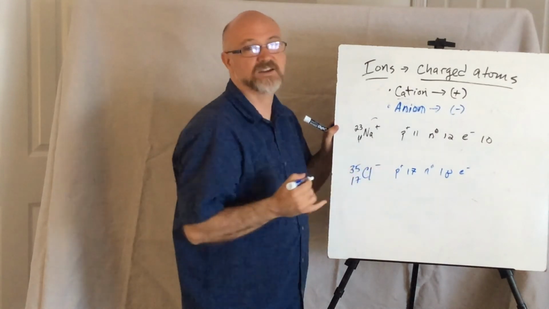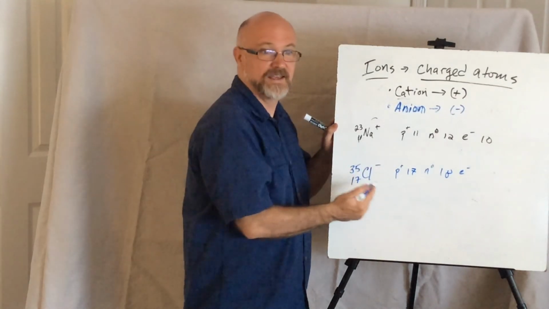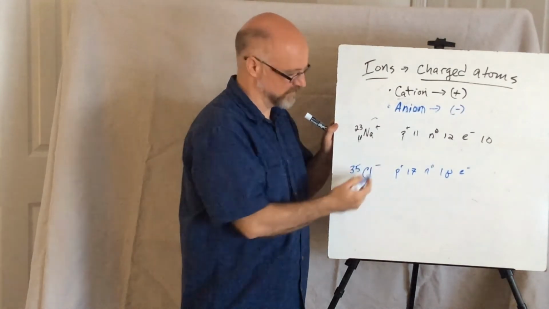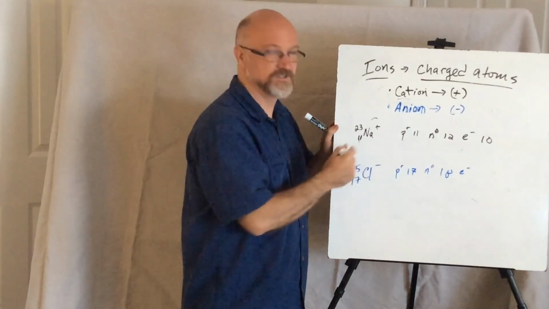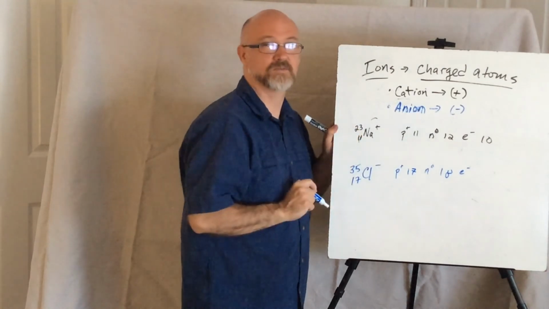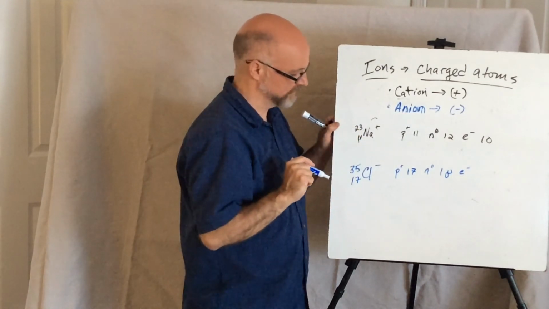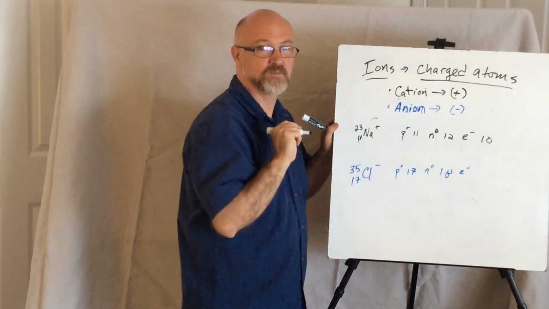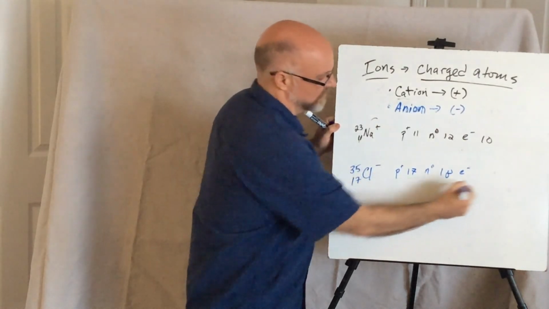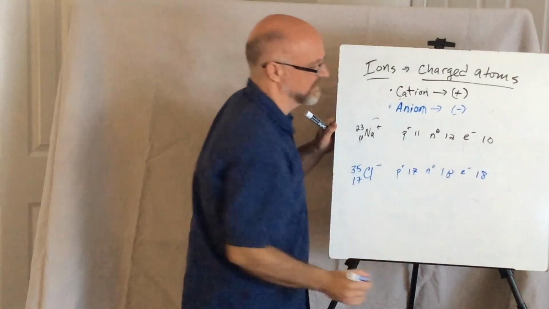This has a negative charge. Electrons are negative. If it takes in an electron, which is what this atom does to be more happy, in a general sense of things, especially if it gets together with something like sodium to make table salt, then that means it has one more electron than protons. So it has 18.